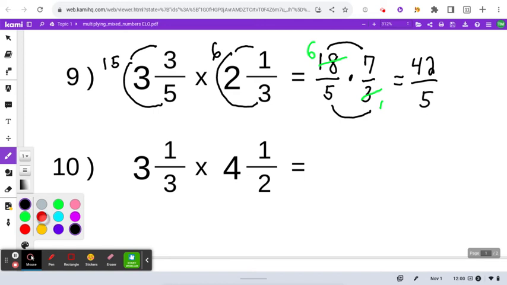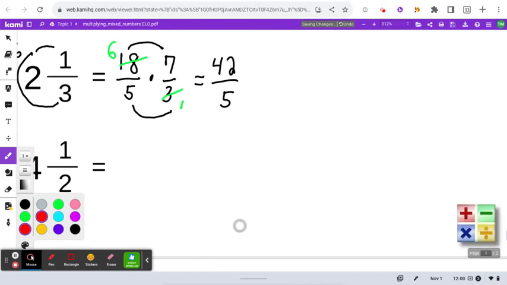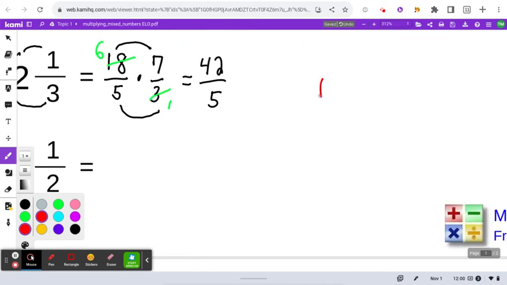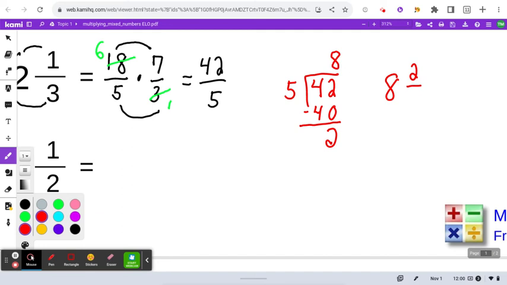And then the final step will be division. 42 divided by 5. I know 5 times 8 is 40. 42 minus 40 is 2. So final answer is 8 and 2/5. That's number 9.